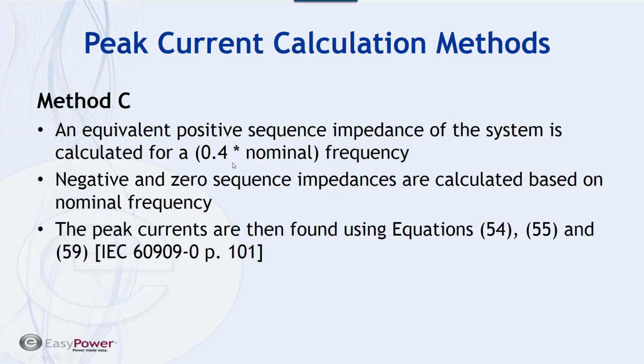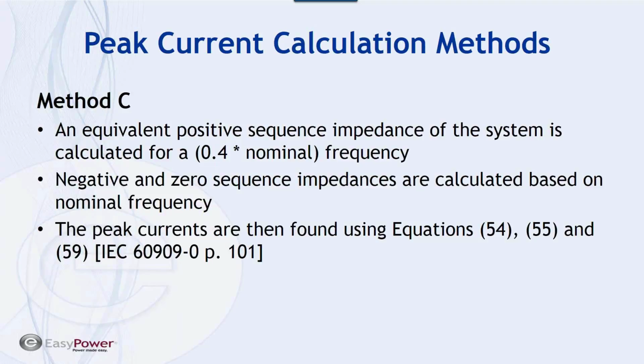You don't even need to go through this point if there is one single branch, because first the X value gets multiplied by 0.4. At the end, IEC recommends that after you find the equivalent impedance, which for one branch is just that branch, you then divide the impedance by 0.4. So 0.4 and 0.4 cancel each other out. Again, for one branch, you don't even need to do that.